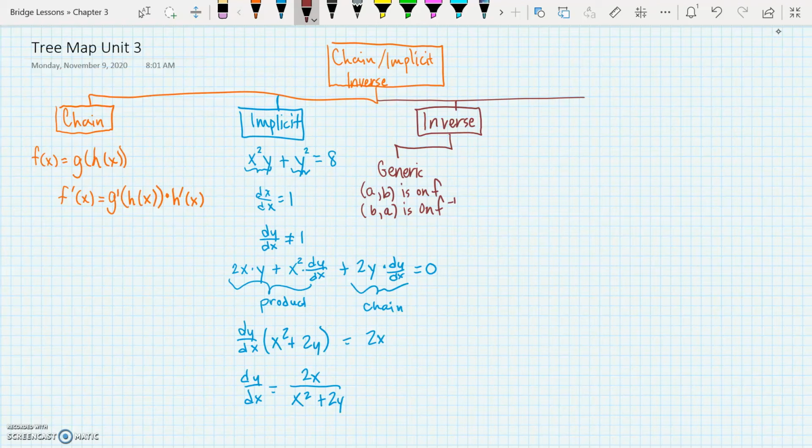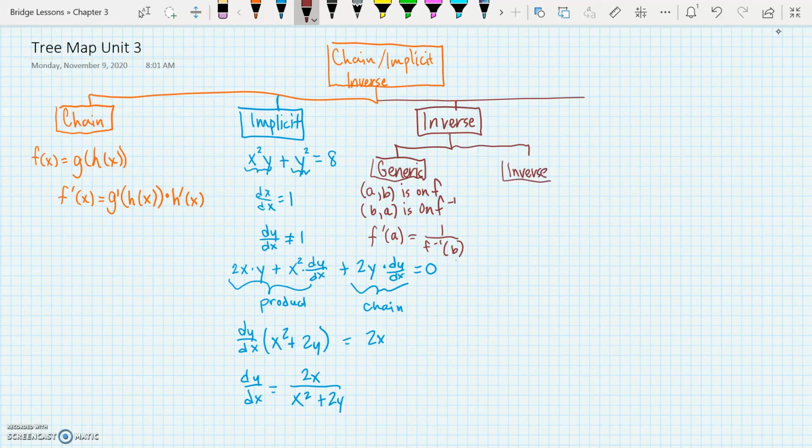And the slopes at those 2 points are reciprocals. So f prime of a is equal to 1 over f inverse prime at b. And notice that these are not the same x-coordinates. They are corresponding x-coordinates. And then we also learned the inverse trig derivatives.